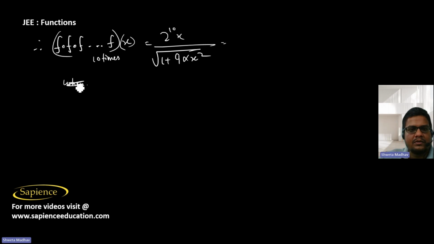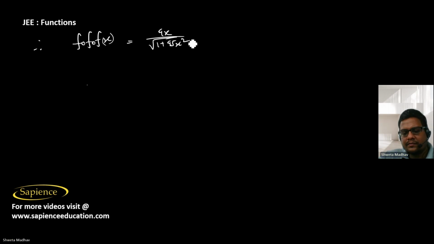Therefore, if we take 3 times, then we will get f of x. So that will be equal to 4x by square root of 1 plus 45x square.